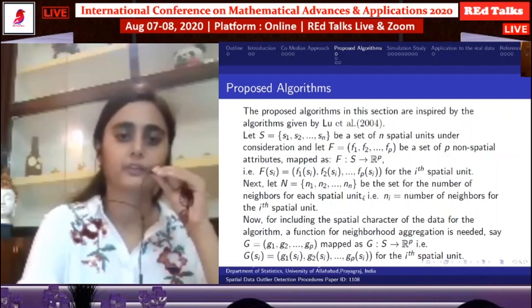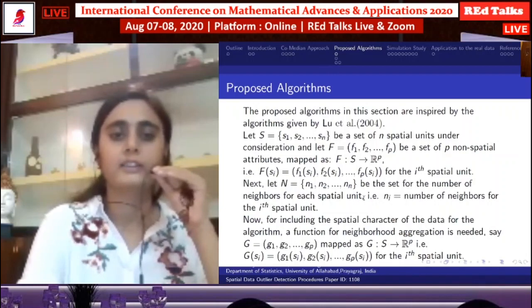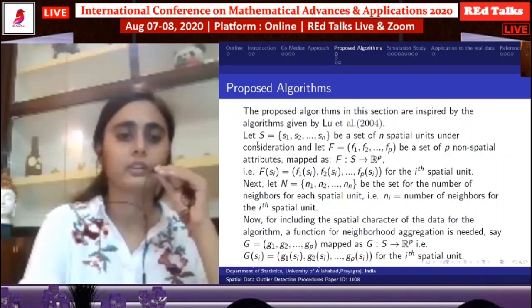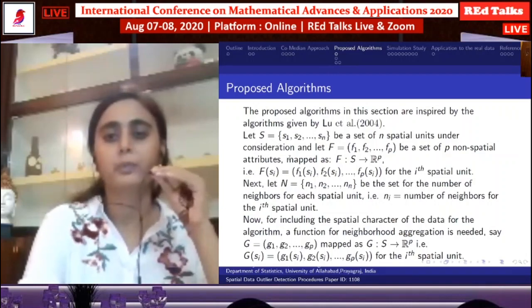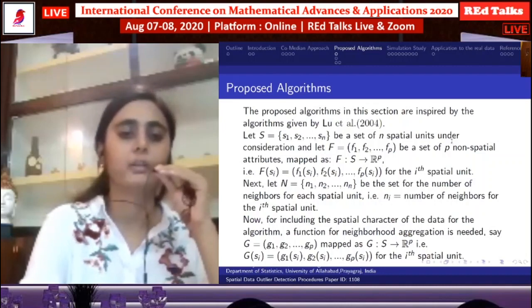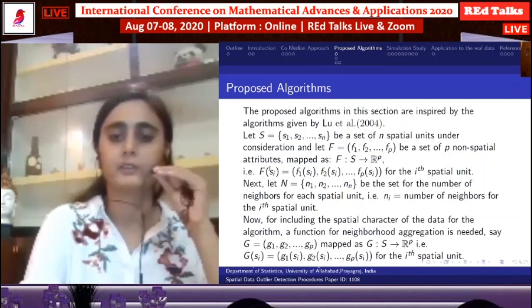Now, two algorithms have been proposed in this paper, which are inspired by the algorithms given by Liu et al. in 2004. For that, let us consider S as a set of n spatial units and F to be a set of p non-spatial attributes. Then F could be mapped from S to R^p. Then for any spatial object, like the ith spatial object, its image under F can be viewed like this.